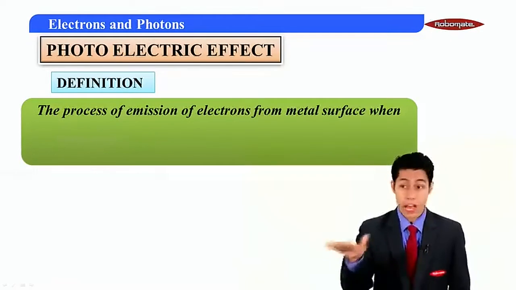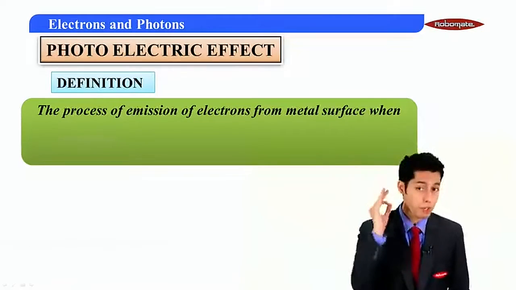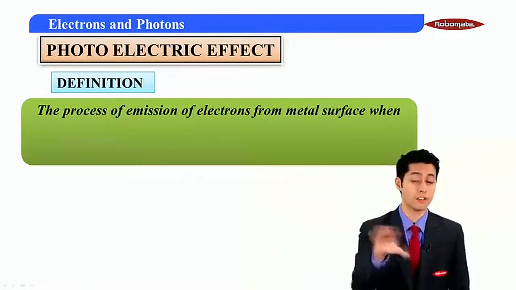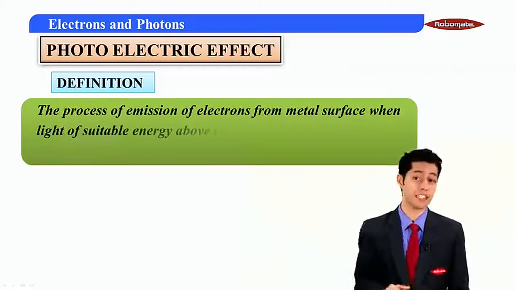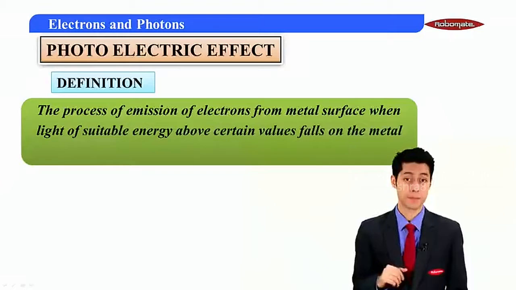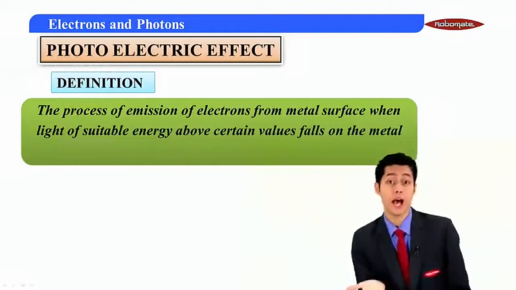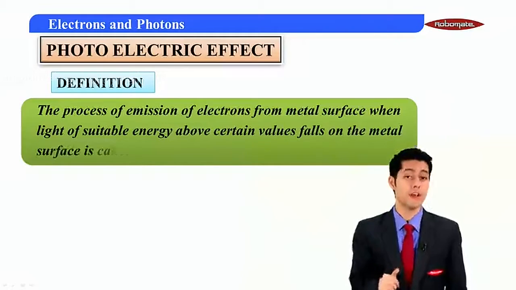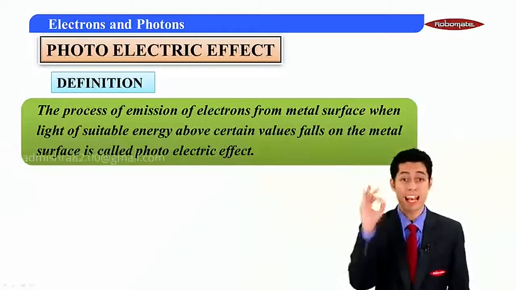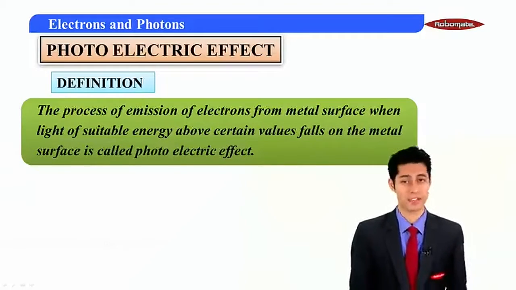That means electrons are not remaining, they are getting emitted. So it is a process of emission of electrons from the metal surface when light of suitable energy, not less energy but above a certain value, falls on the metal surface, and that effect is called the photoelectric effect.